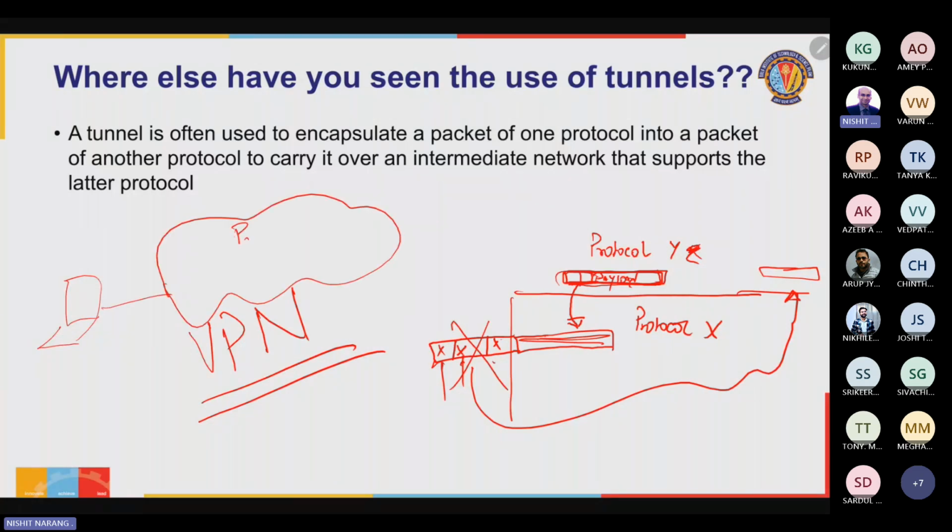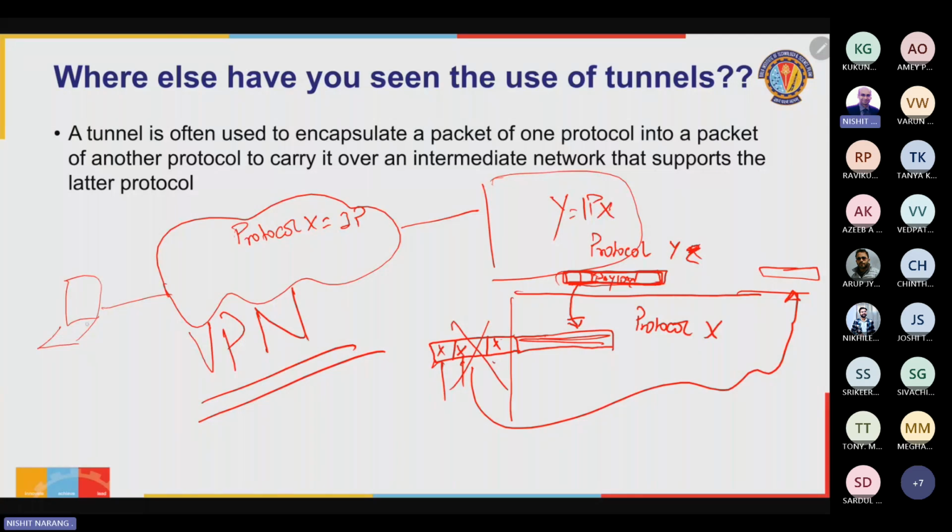It's supporting protocol X, where X is equal to the IP protocol. That's what the internet follows. And it helps me connect to my enterprise network, where the enterprise network could be following a different protocol Y. Let's say Y is equal to IPX. It's a different networking protocol, IPX.